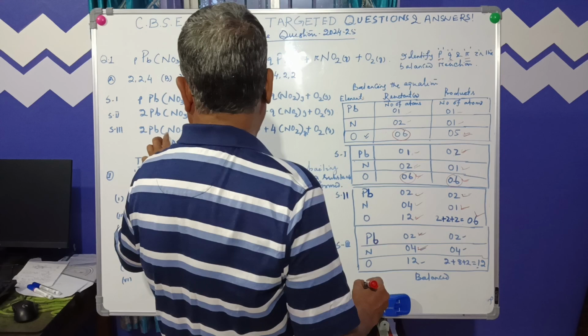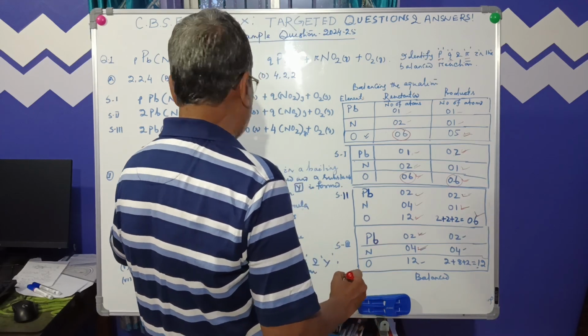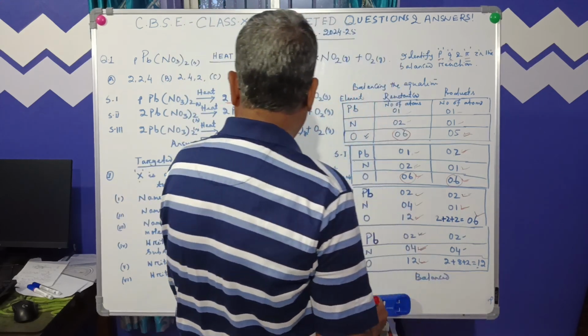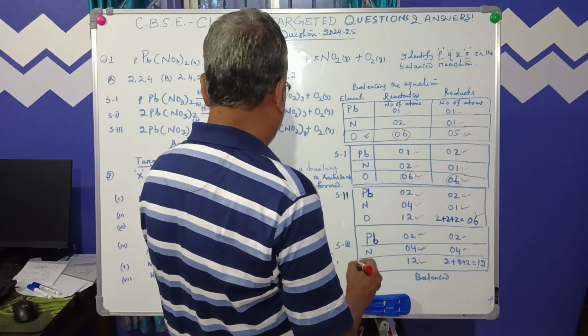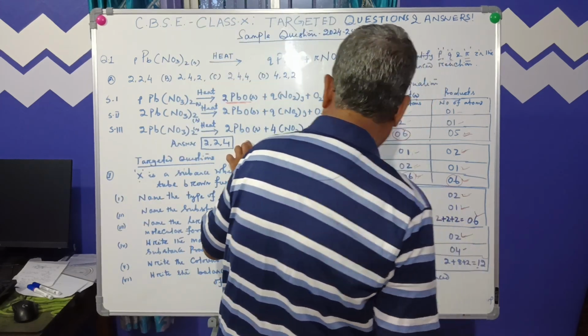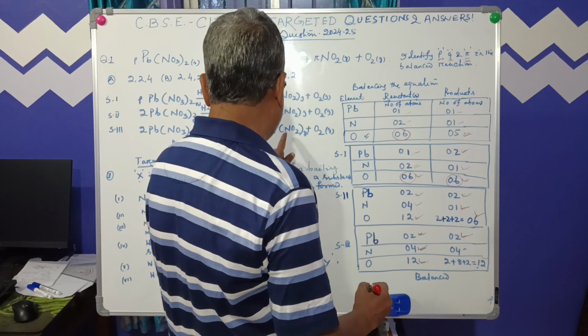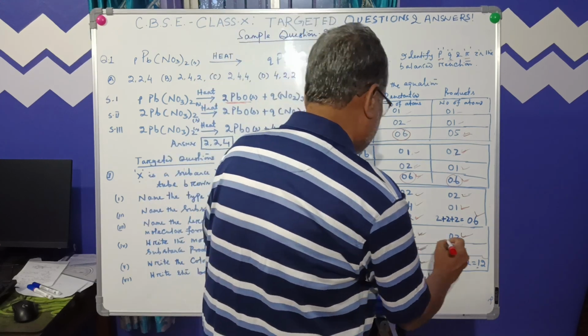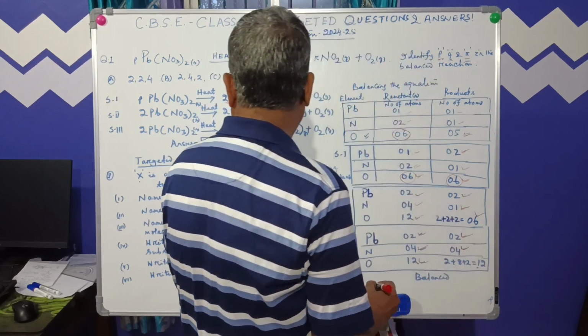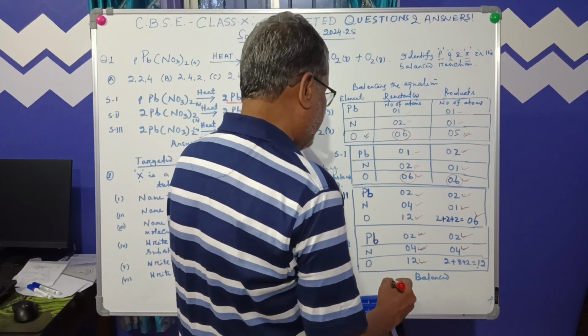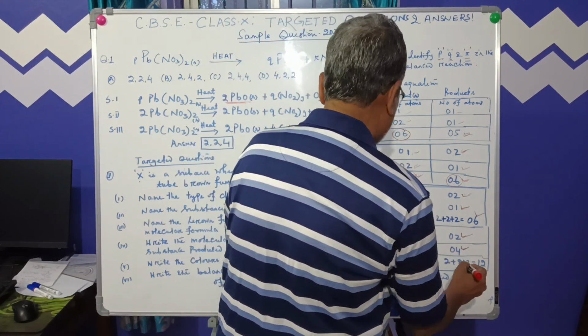Oxygen 2 into 3, 6 into 2, 12. On the product side, Pb 2, and nitrogen 4. Now calculate oxygen: 2 into 4 is 8, 2 plus 8 plus 2, 12.